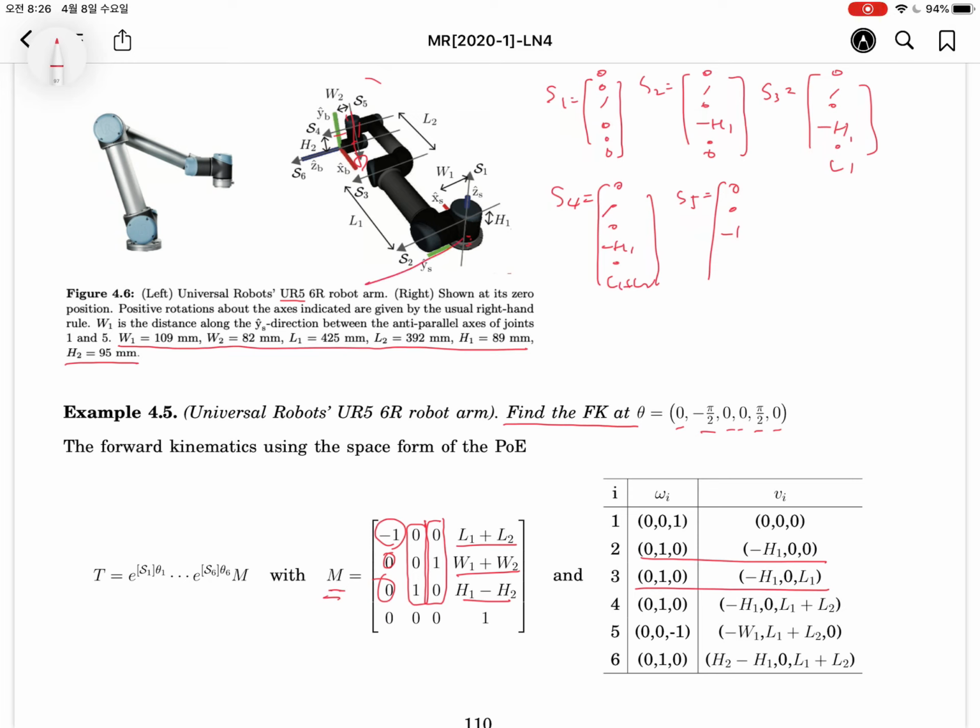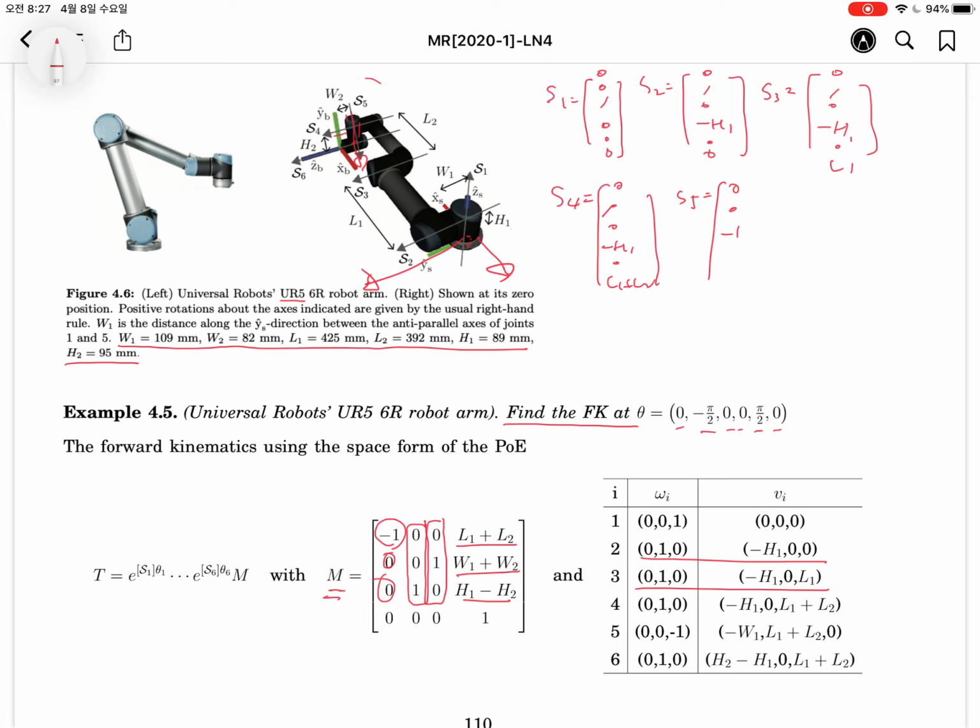At that time, it will make the linear movement in the y direction. Let's make the rotational movement, and then going down.